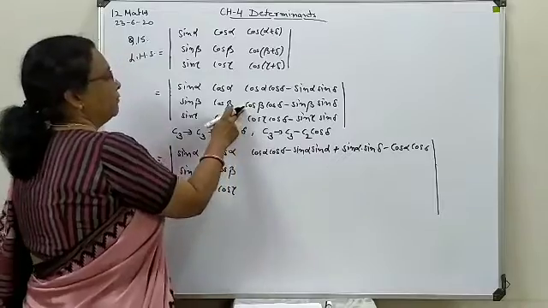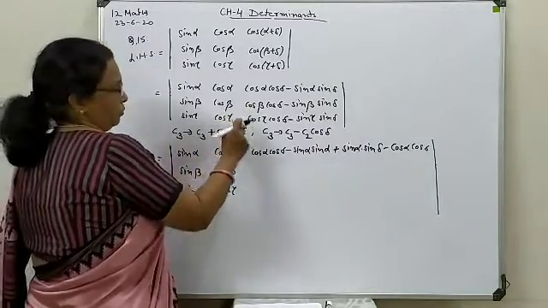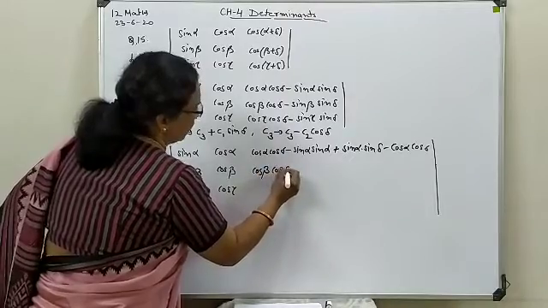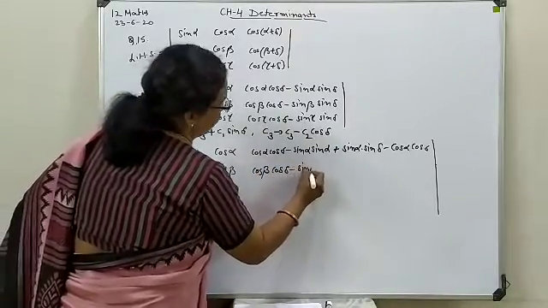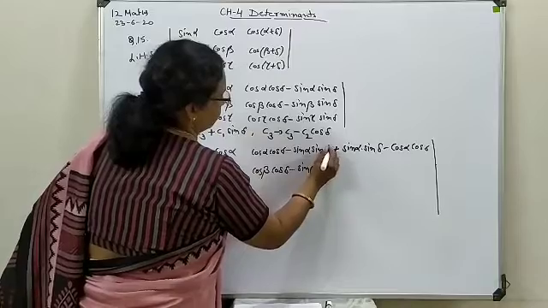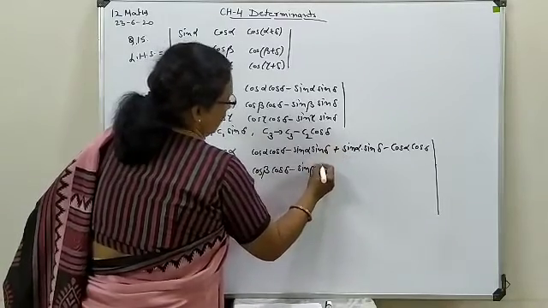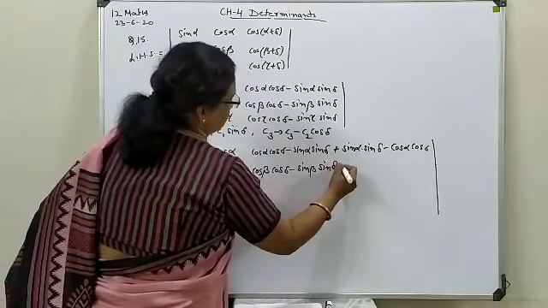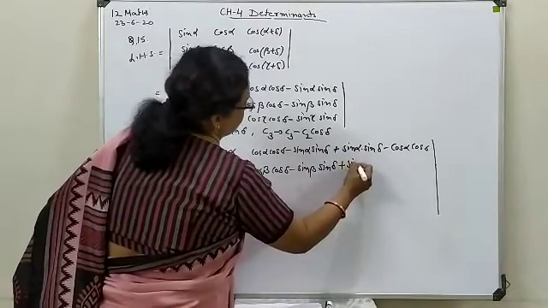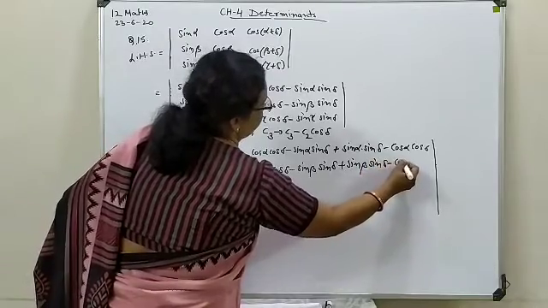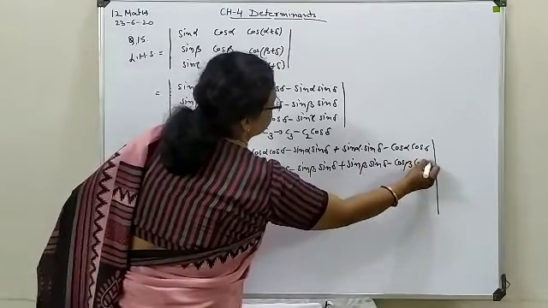In the same manner we will handle these two: cos of beta cos of delta minus sin of beta sin of delta, plus sin of beta sin of delta minus cos of beta cos of delta.